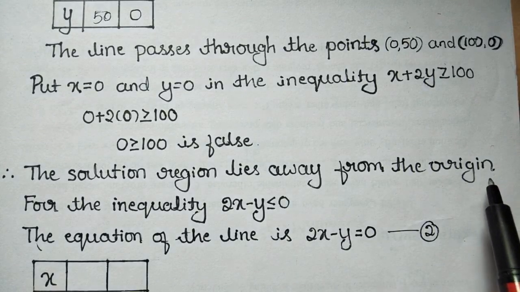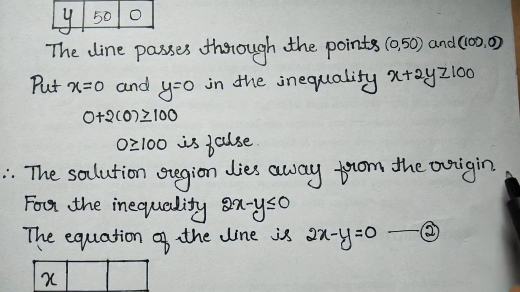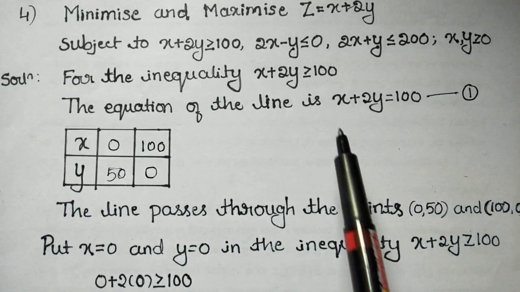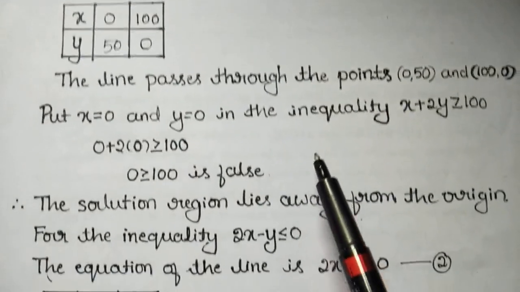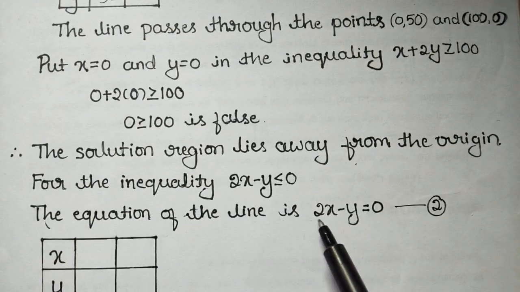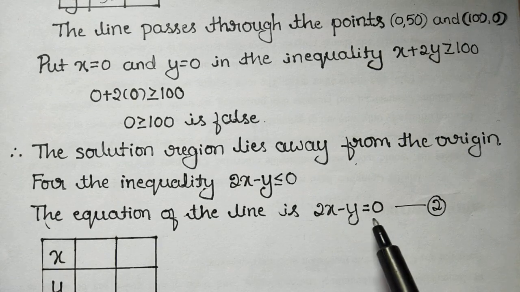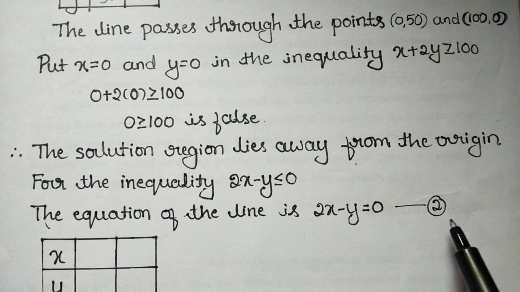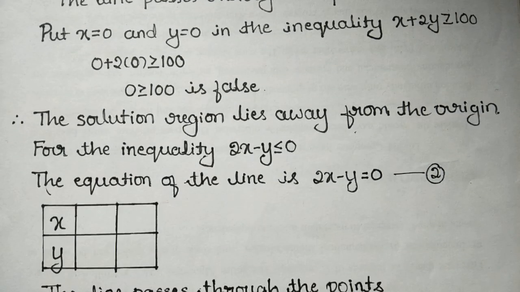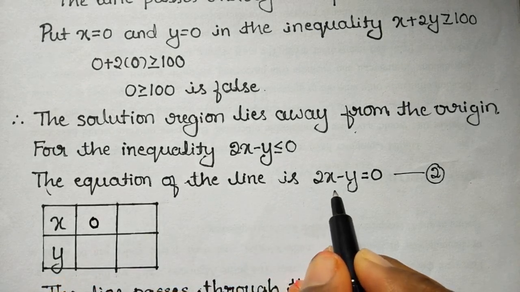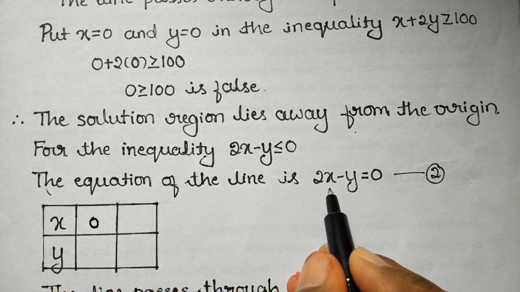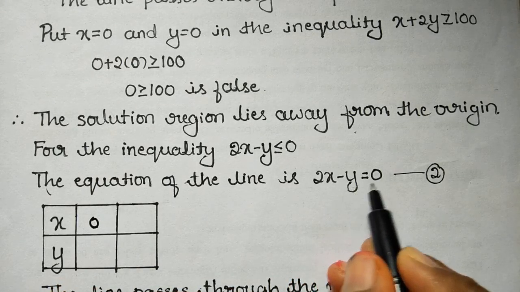This is about the first inequality. Now the second inequality is 2x minus y is less than or equal to 0. The equation of the line is 2x minus y is equal to 0. Call this equation 2. Now we have to find the points on the line. For that, I'll substitute x as 0 in equation 2. Then the first term will become 0. We get y is equal to 0.